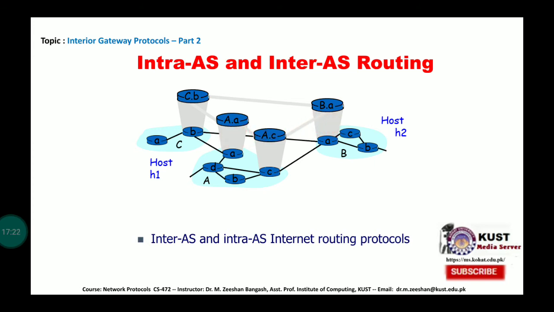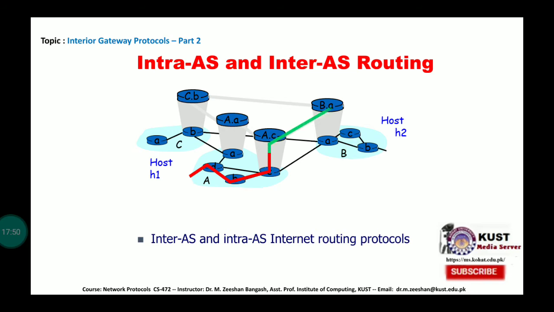So how does this communication take place, and how do we divide this inter-autonomous system and intra-autonomous system routing? We can view this diagrammatically. This is the communication within the autonomous system, and then there is some routing or communication between different autonomous systems.